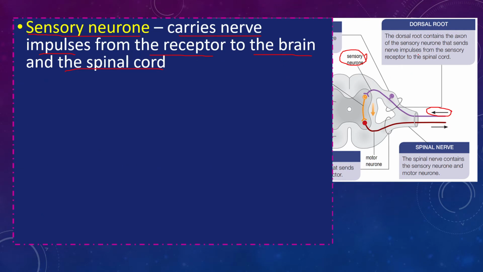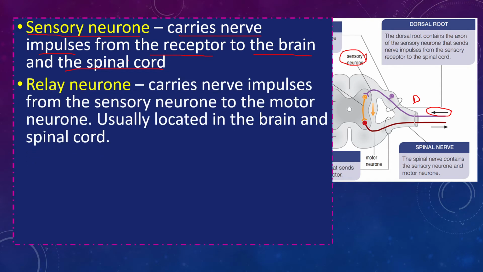It is located here in the dorsal root. Okay, ini adalah dorsal root. Whereas kalau relay neuron is like the intermediate, yang ini warna kuning ini, that's the relay neuron.